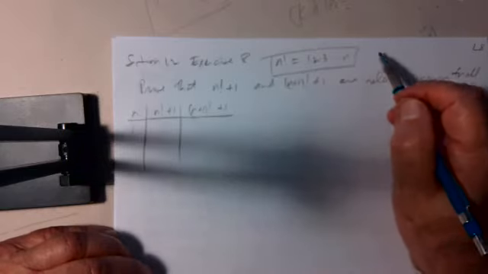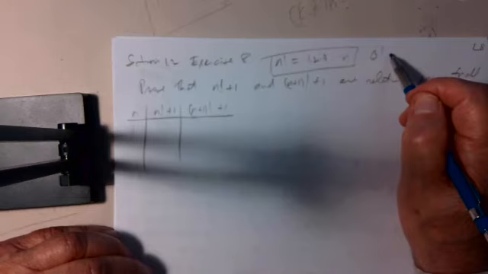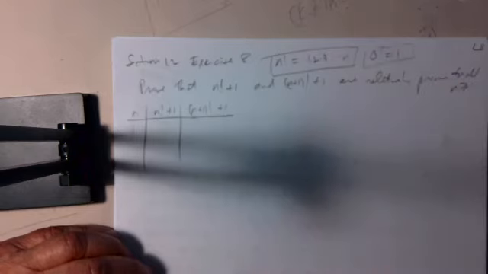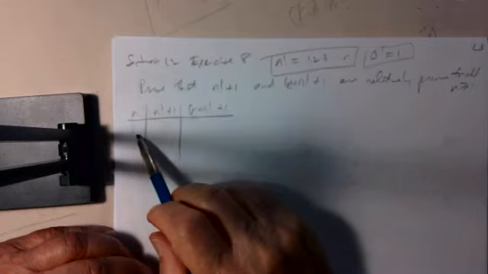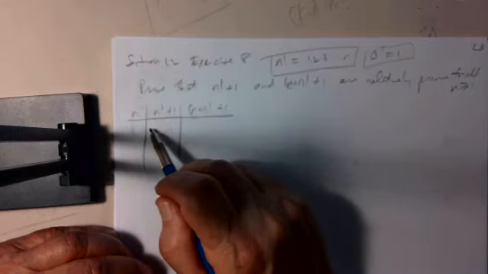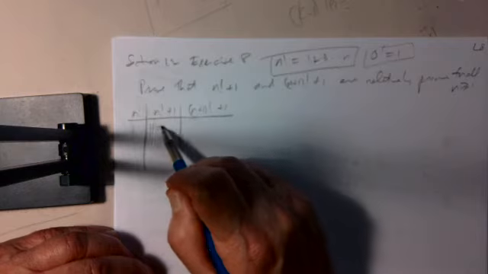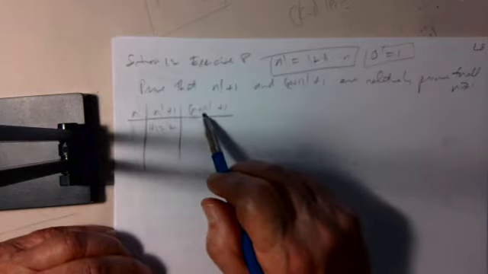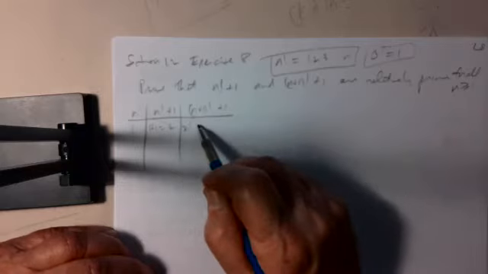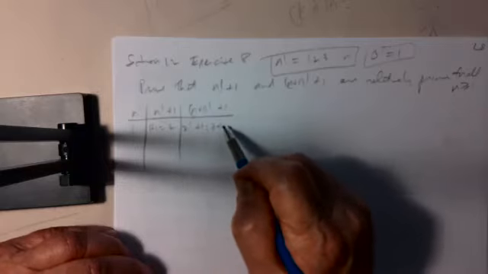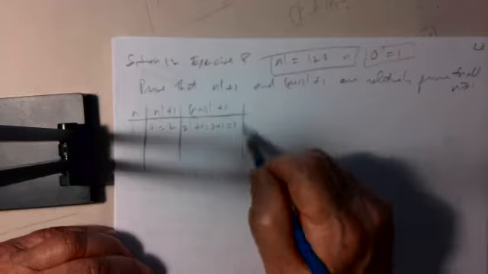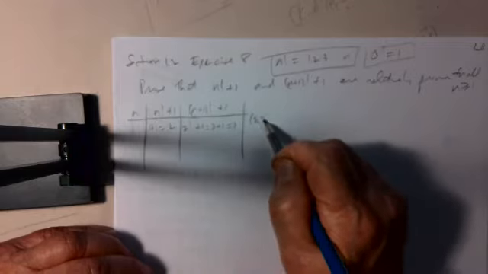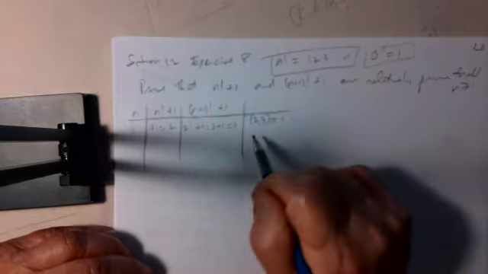And 0 factorial is defined to be 1, though we don't have to use it in this problem. So when n is 1, n factorial is 1. This is 1 plus 1, or 2. When n is 1, n plus 1 is 2. This is 2 factorial plus 1, which is 2 plus 1, which is 3. And the greatest common divisor of 2 and 3 is 1. So this is okay.